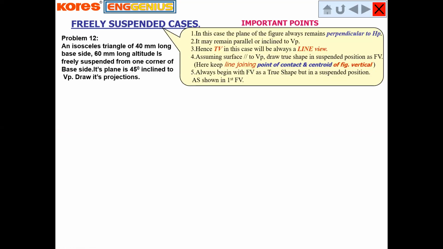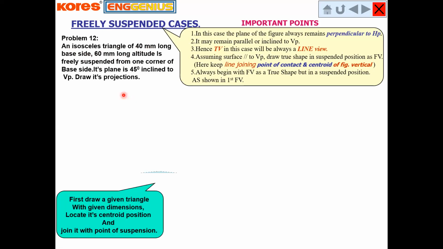In this problem we have an isosceles triangle, and its dimensions are given: 40 mm base length and 60 mm altitude length. With the help of these dimensions, first we can draw the isosceles triangle.